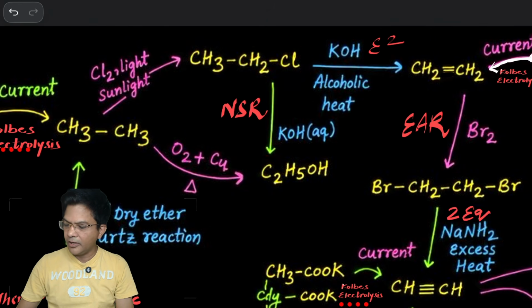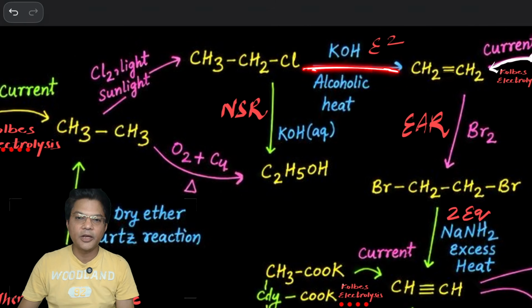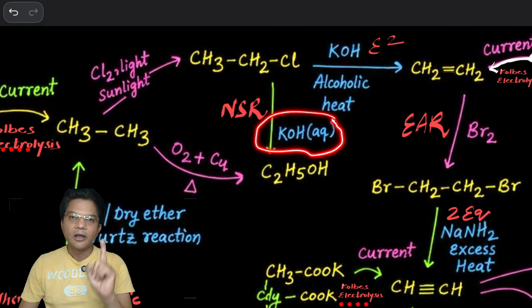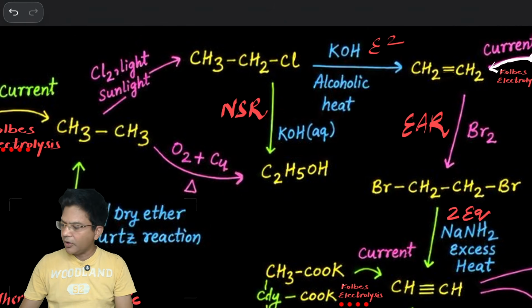Ethyl chloride reacting with alcoholic KOH gives ethene, by elimination. But with aqueous KOH, it is substitution. So remember that alcoholic KOH and heat will do elimination, aqueous KOH will do substitution. Now I got ethyl alcohol.